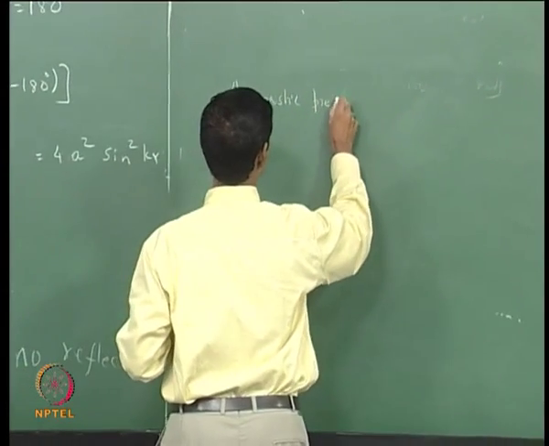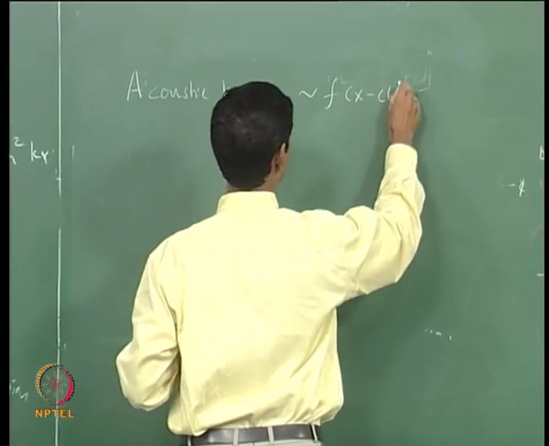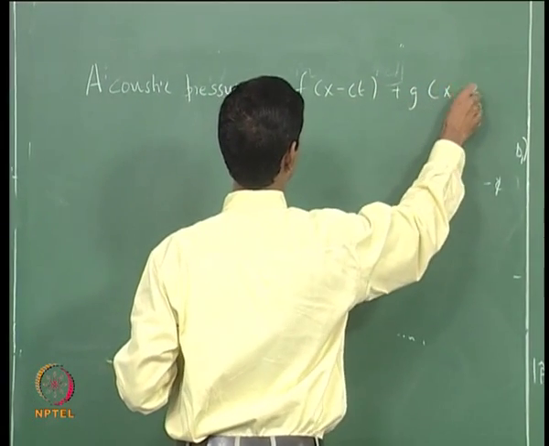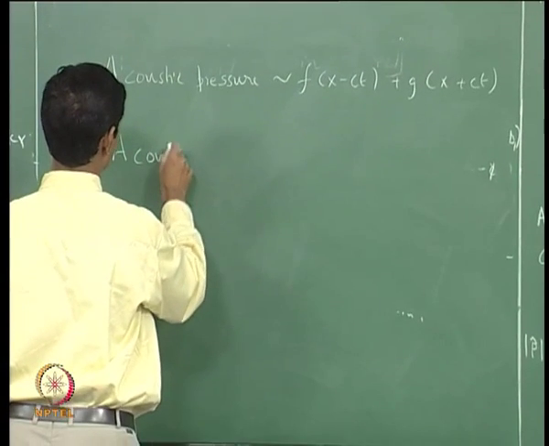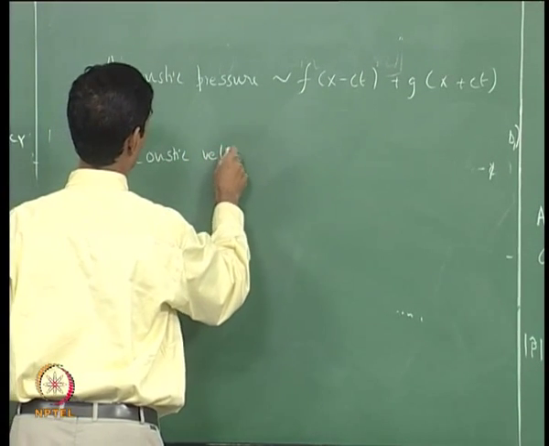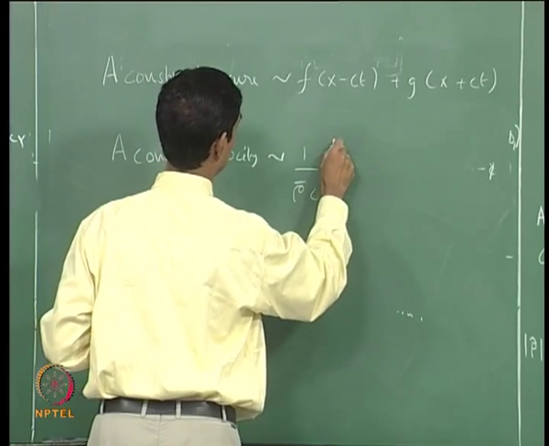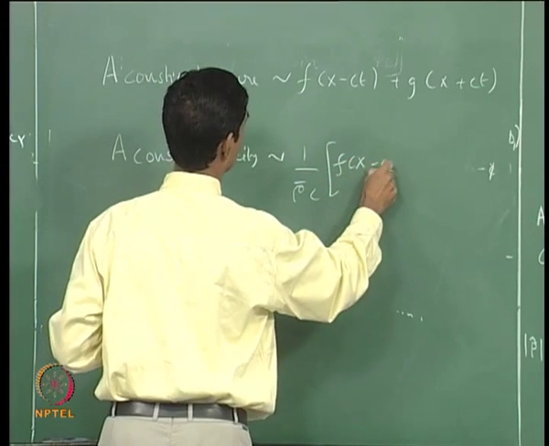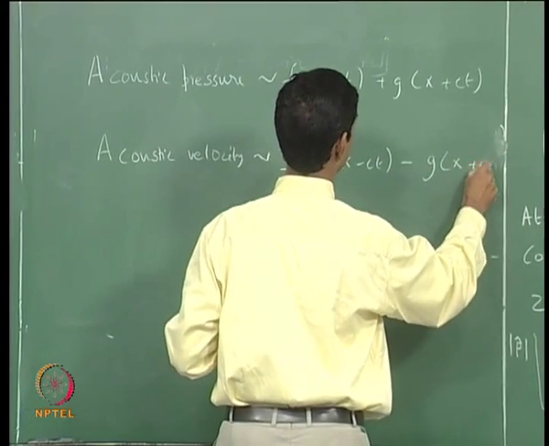Acoustic pressure is of the form F of x minus ct plus G of x plus ct, and acoustic velocity is of the form 1 over rho bar c times F of x minus ct minus G of x plus ct.